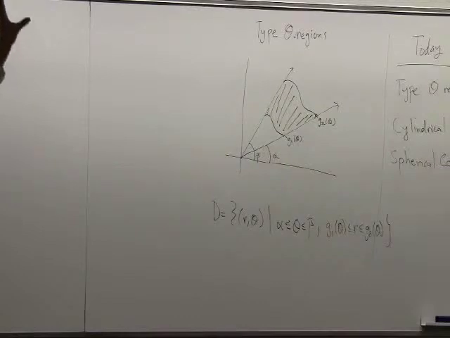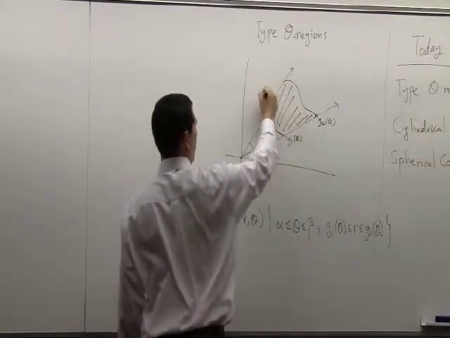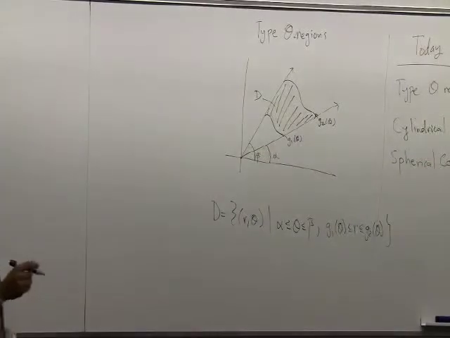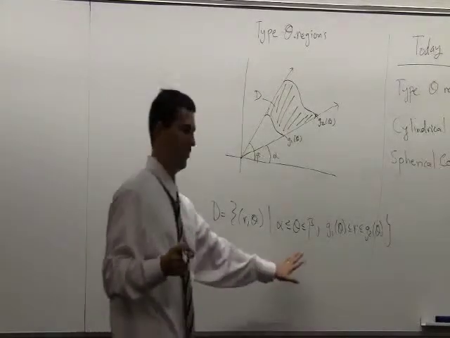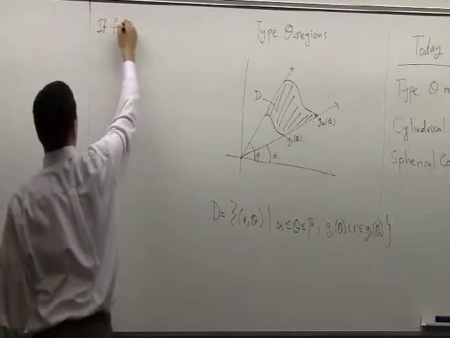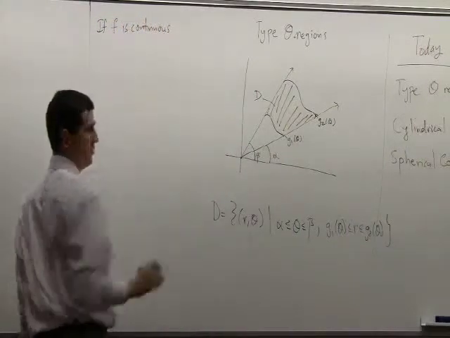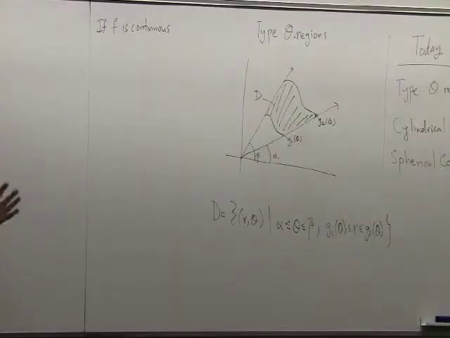Okay, so if you have this type of region, say this is your D, then we get a similar formula for how to integrate over it as we did for rectangular coordinates when we had type X or type Y regions. So if f is continuous, okay, remember the continuity condition is just telling us that our double integral is going to exist.